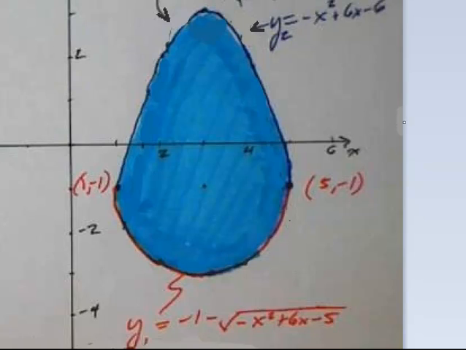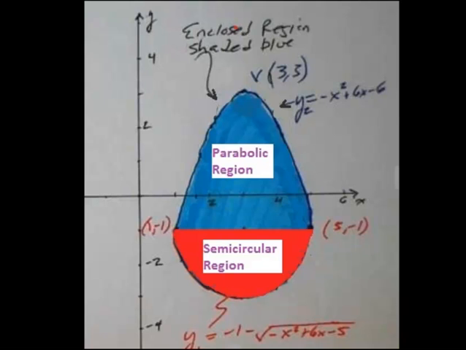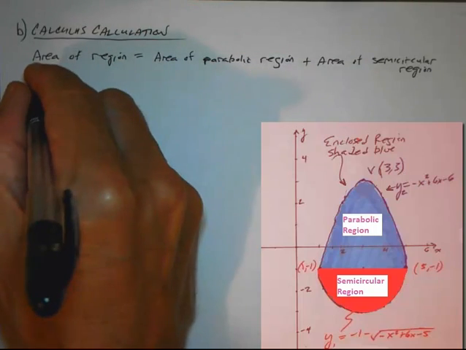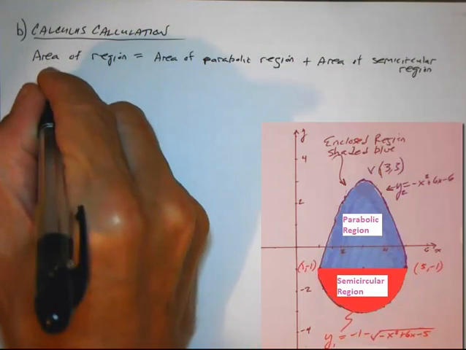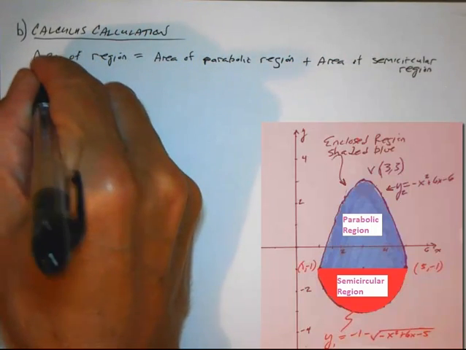So the net area of simpler regions strategy looks like the way to go here, and I am visualizing this region as being the sum of two simpler regions, one being a parabolic region and the other being a semicircular region. This will equal, well, the parabolic region part, I'll make that a subcalculation.